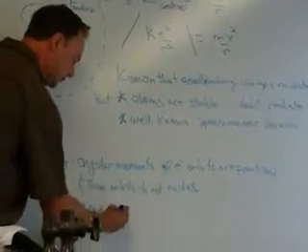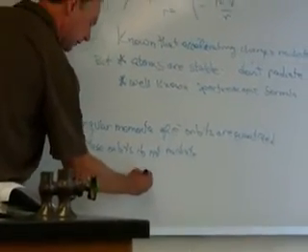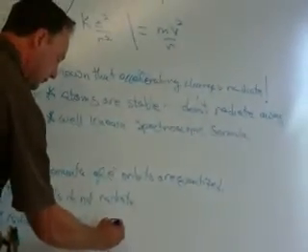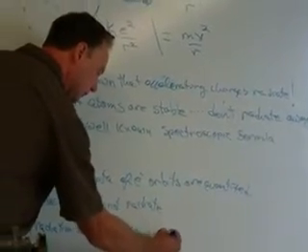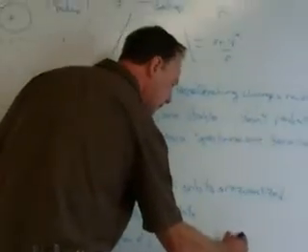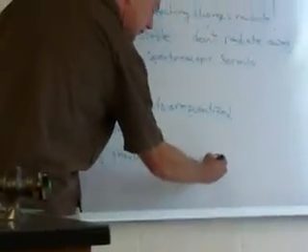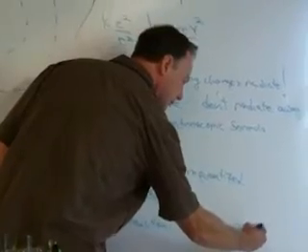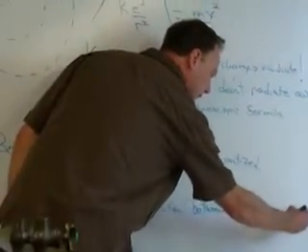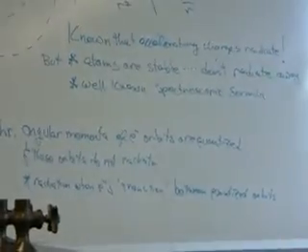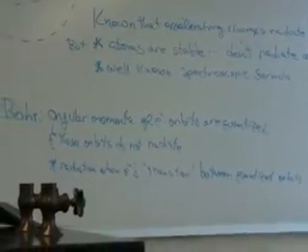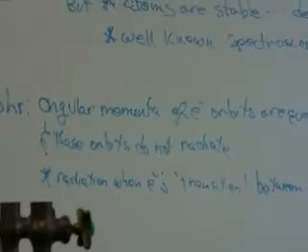So what Bohr says is you get radiation when electrons transition between stable orbits, between quantized orbits. This is kind of like a semi-classical approach. We're using a lot of classical ideas and throwing in some quantum ideas. Okay, so let's see where we can get with that.